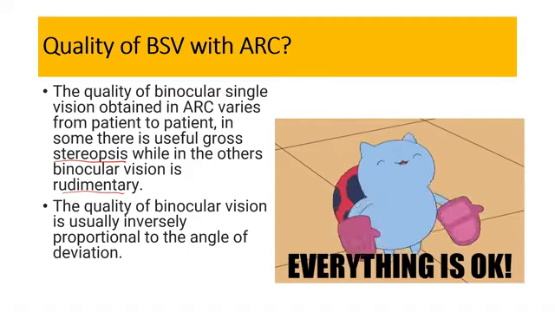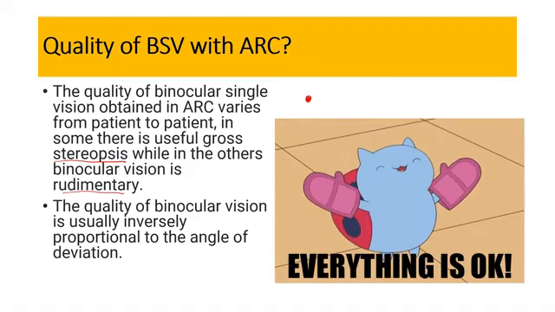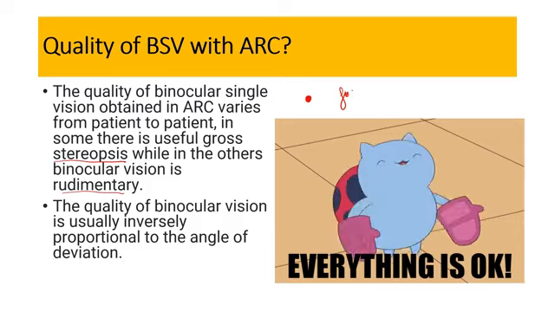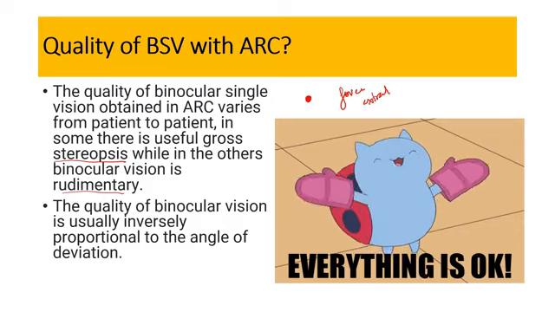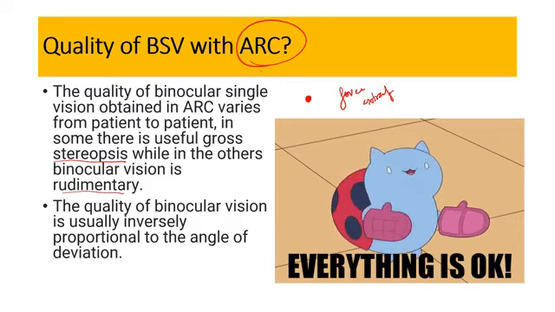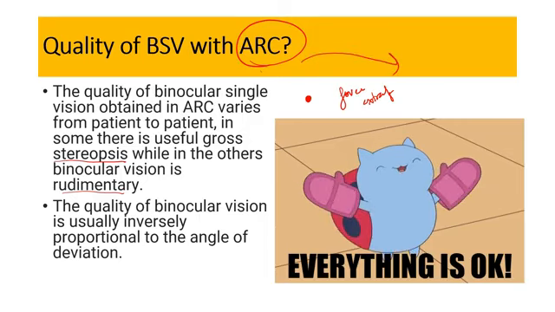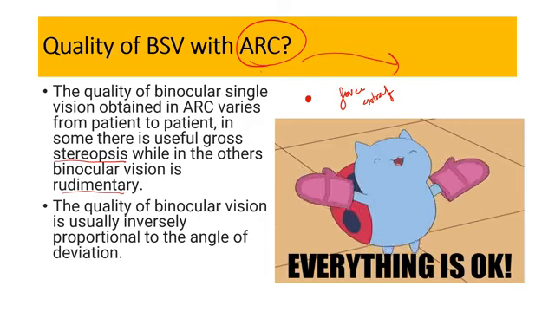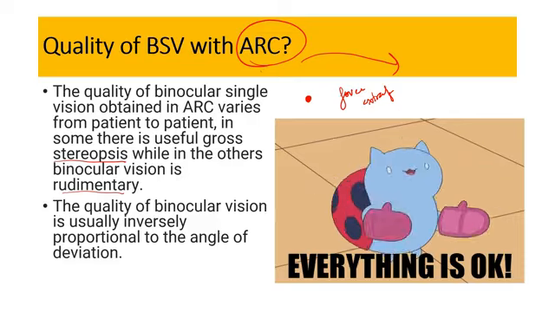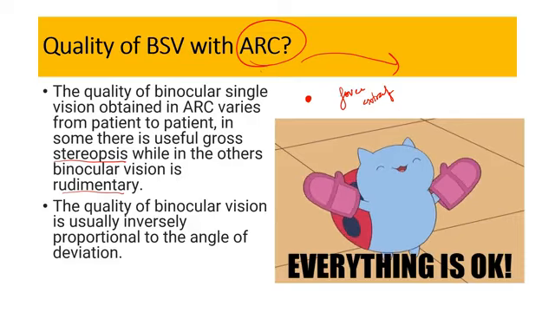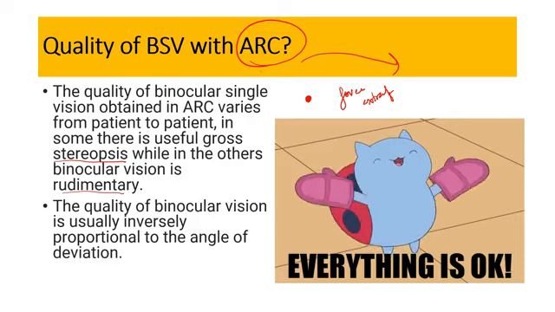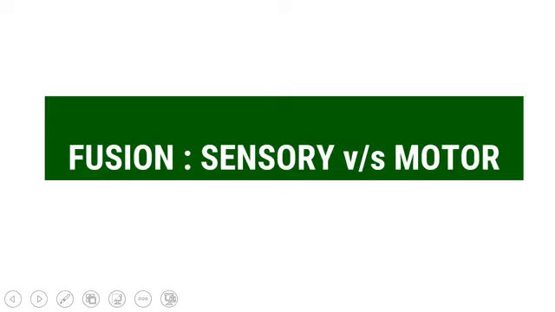Obviously, if the angle of deviation is small, the correspondence that is going to develop between the fovea and the extrafoveal point is going to be better, and the ARC is going to give better stereopsis to this patient. However, if the angle of deviation is larger, the quality of binocular single vision is not going to be that good.